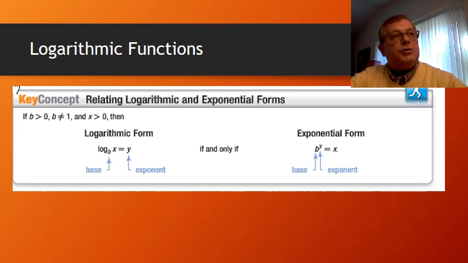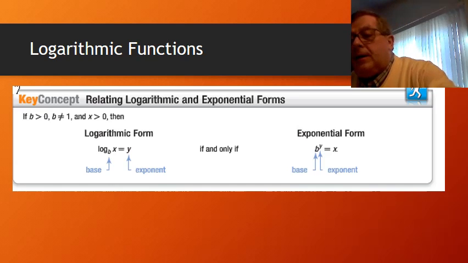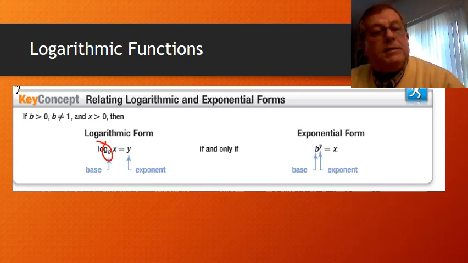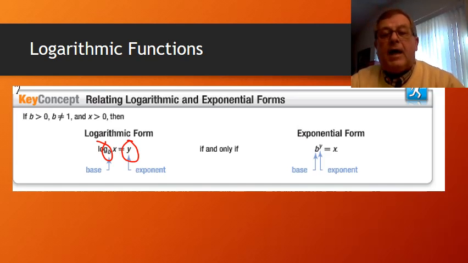Okay, before we get into looking at some examples of evaluating or solving some logarithmic functions, let me just go over this right quick, to make sure we're still on the same page. If we've got b is greater than 0, and b is not equal to 1, and x is greater than 0, then if we express this in logarithmic form, we've got log base b of x equals y, where b is the base and y is the exponent.